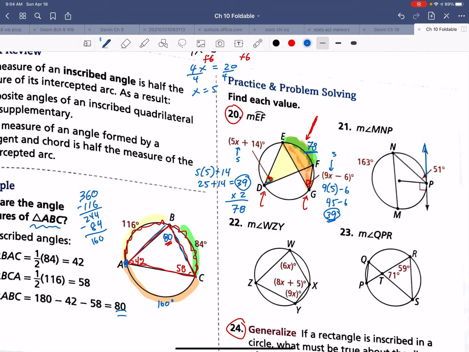Okay, so they said this angle is 51. This angle is 90. This tangent line is straight, so it has to add up to 180. So I think we can find this little angle in there: 180 minus 90 minus 51. So this angle has to be 39. Okay.